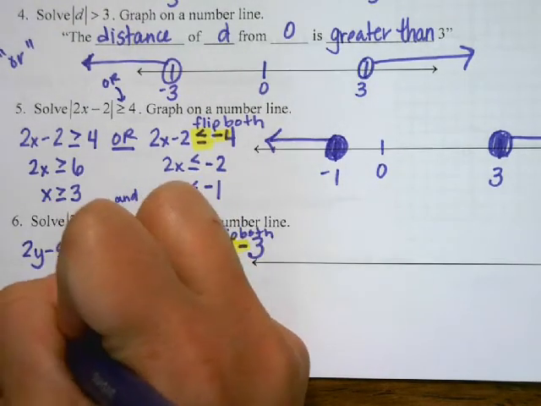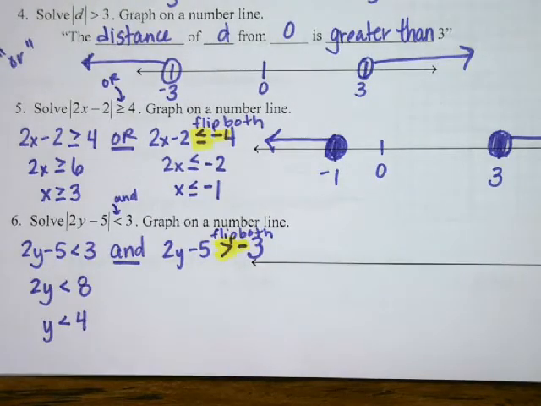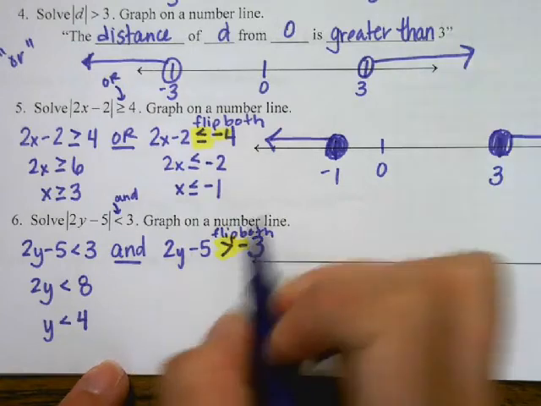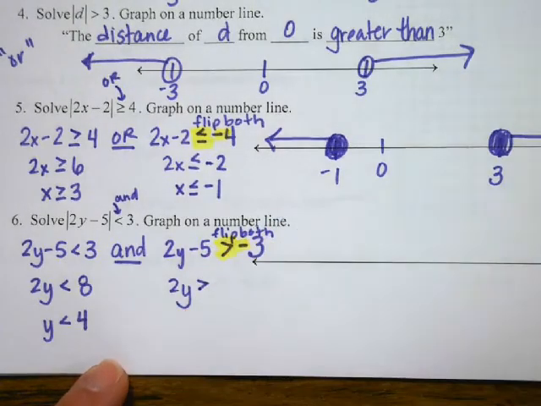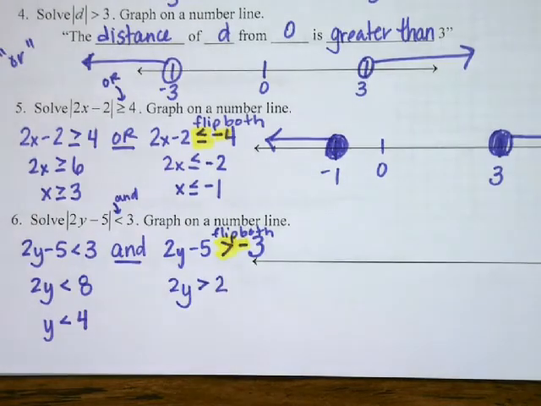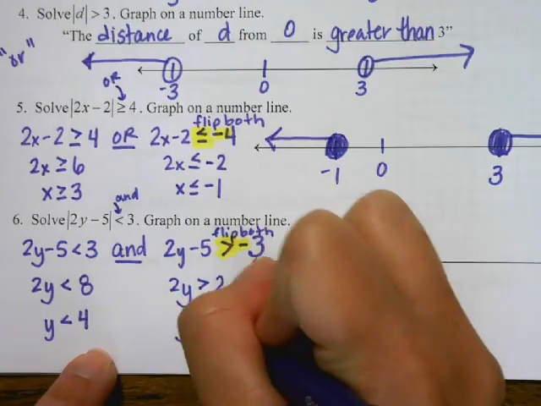Divide by 2, so y is less than 4. On the other one, I'm going to add 5. 2y is greater than negative 3 plus 5 is 2. Divide by 2, so y is greater than 1.